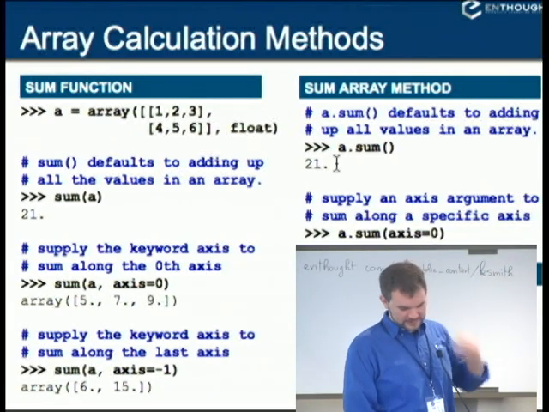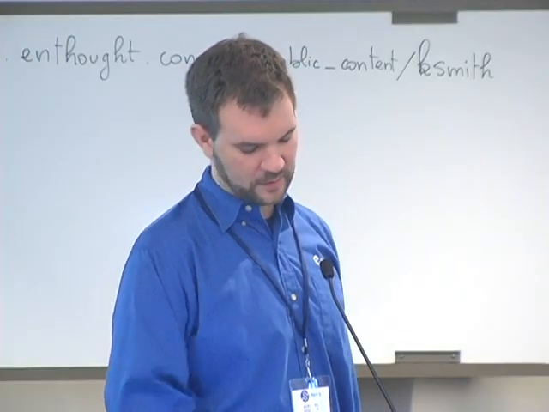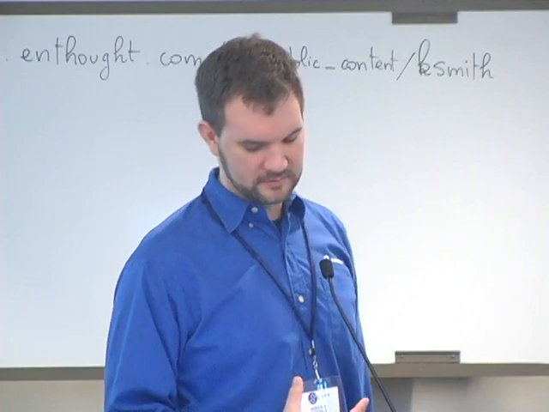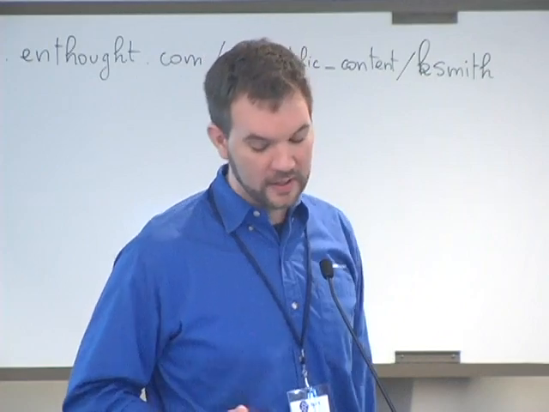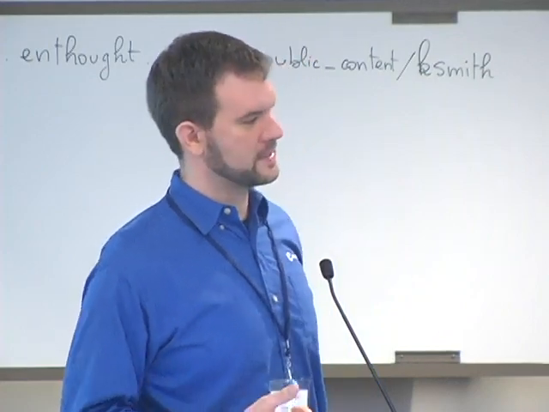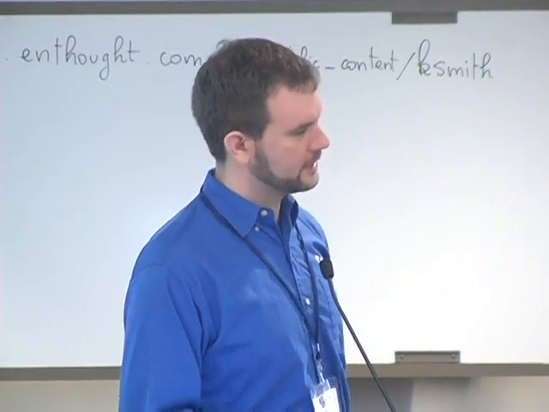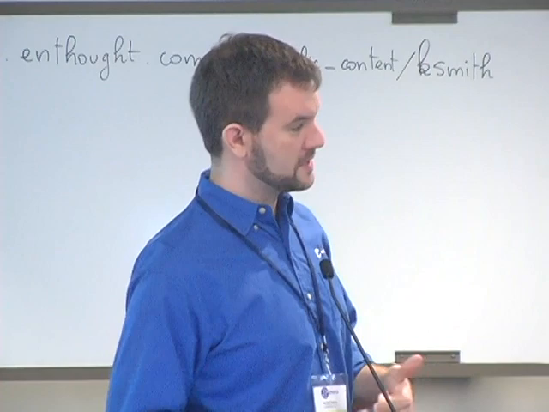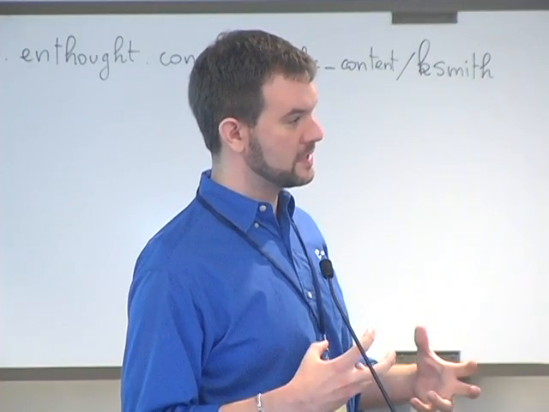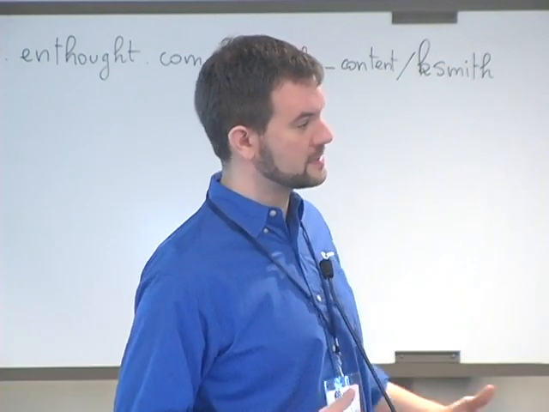Fantastic question. The question is how to deal with missing data, what approaches to take, and what sort of performance hit you have when you have to loop through things explicitly. There's actually a project out there, separate from NumPy, called Bottleneck, and it has versions of these operations that handle missing data, designed to have as little slowdown as possible while still being general enough to handle missing data.